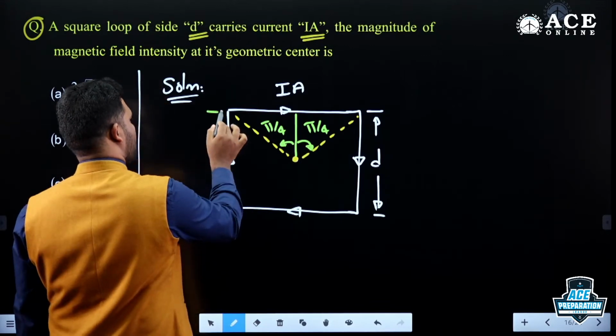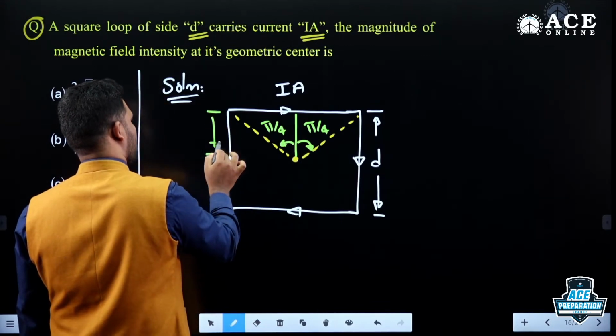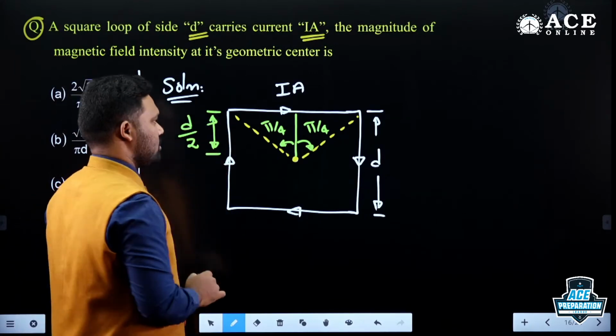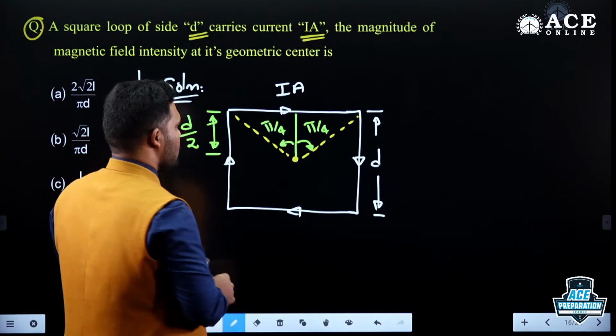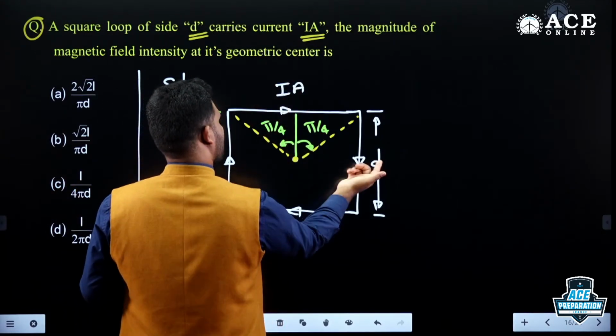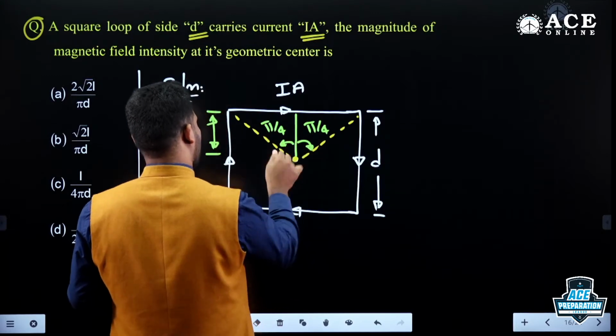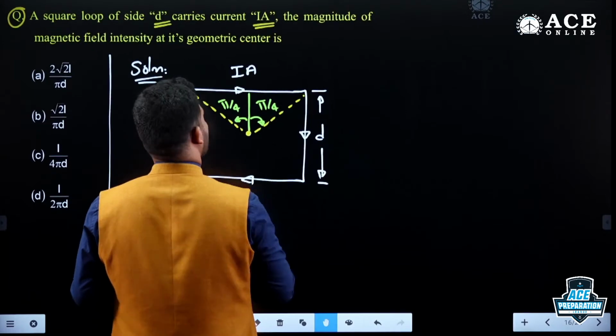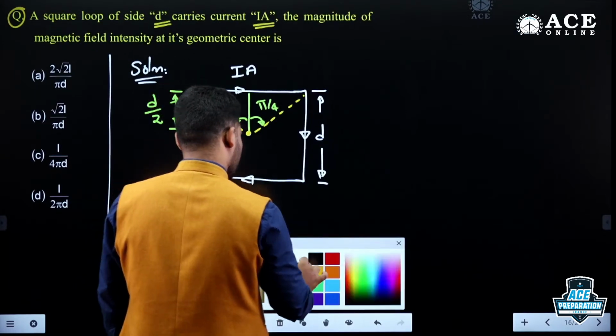And the distance from here to here is d by 2. Isn't it? So due to each section the magnetic field is like this, like this, like this. So I'll find the magnetic field only due to one section, and I'll multiply with the number.